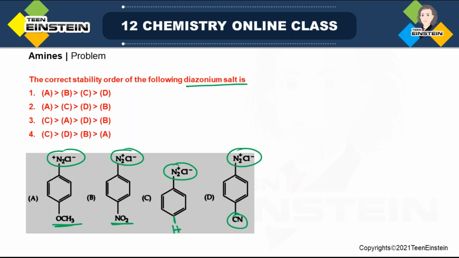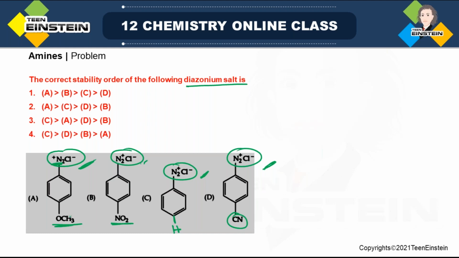Now it is asking for the stability order. If you look at these four molecules, what is the region common to all? Obviously, it is the N2 plus Cl minus region, and it is positively charged. That means the positively charged N2 attached to the benzene ring is an electron deficient region. Now, if there are other groups present in the benzene ring that are electron donating, obviously stability will be high.